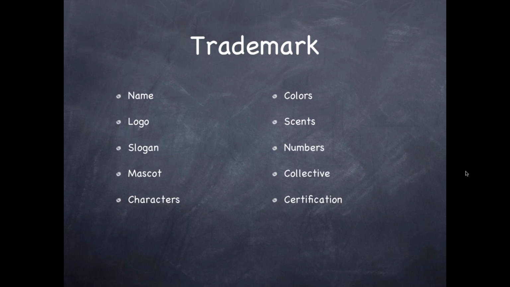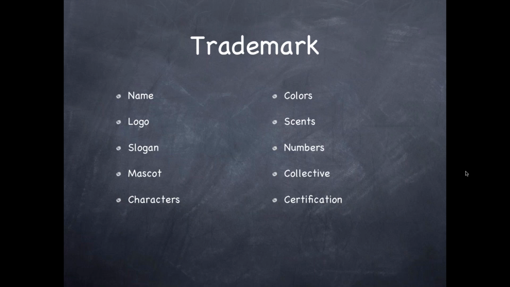With our collective marks, they work with a group or an organization. So collective marks would apply to things such as Boy Scouts, Girl Scouts, Toastmasters, things like that, different associations, the National Bar Association, as an example, the American Bar Association.